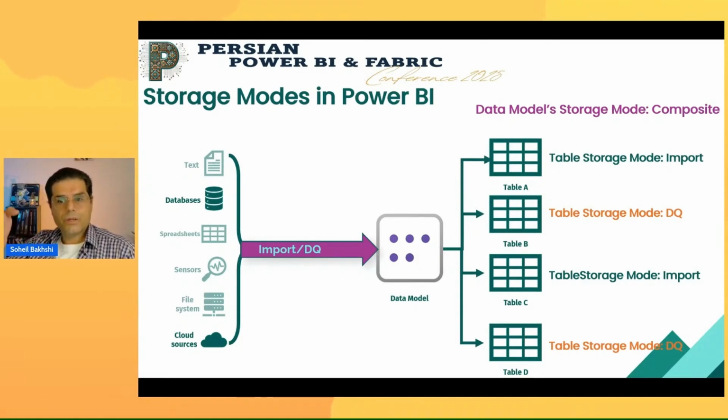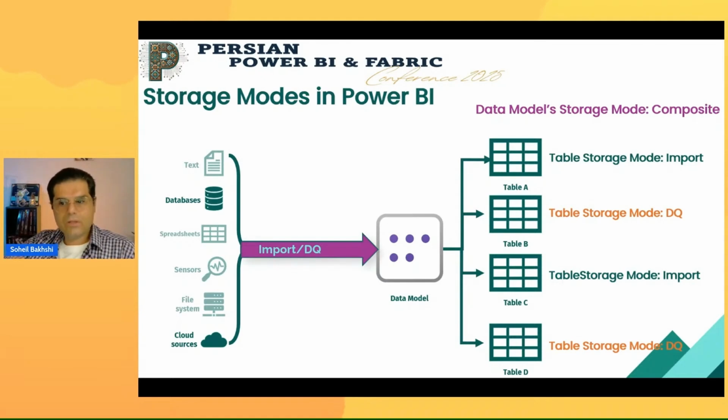The storage mode for the data model is now called a composite model. A composite model is a data model that has a combination of DirectQuery and import mode at the table level. We can dig deeper: it is actually at the partition level, so every table can have multiple partitions.